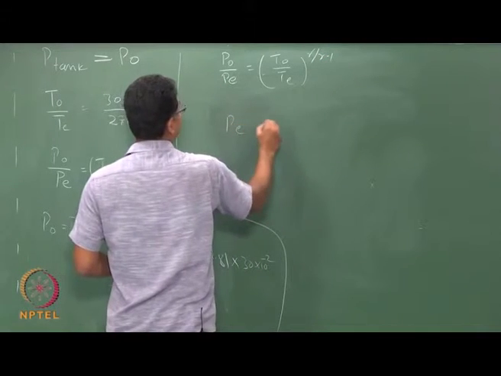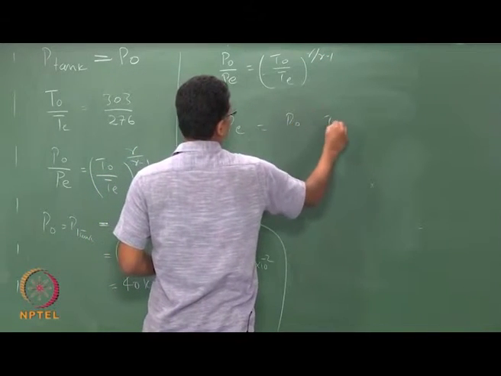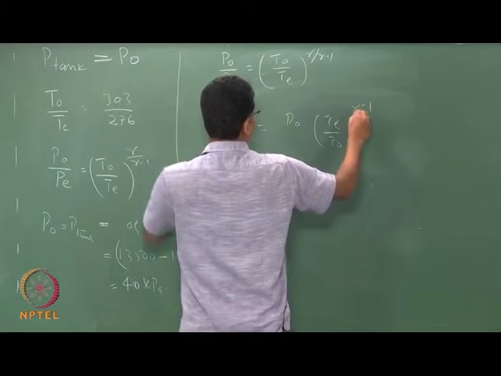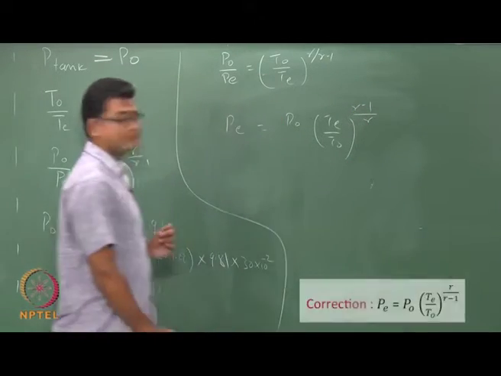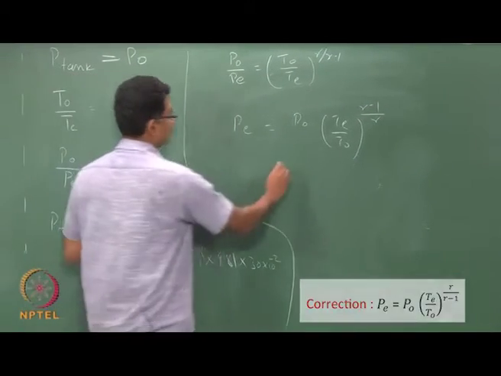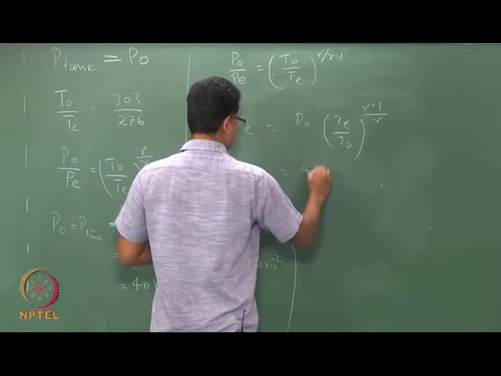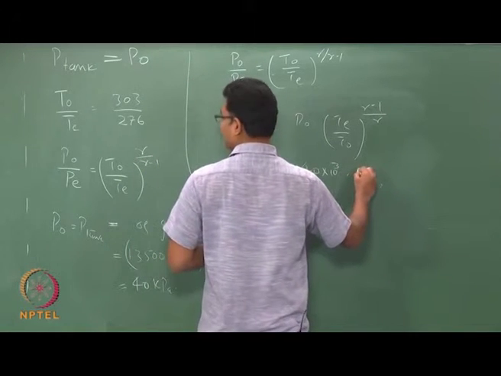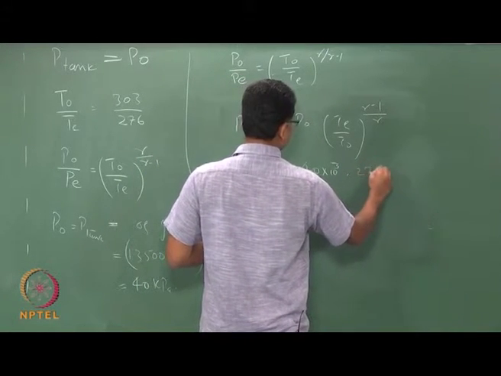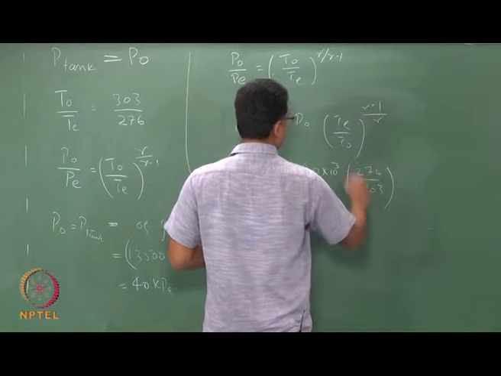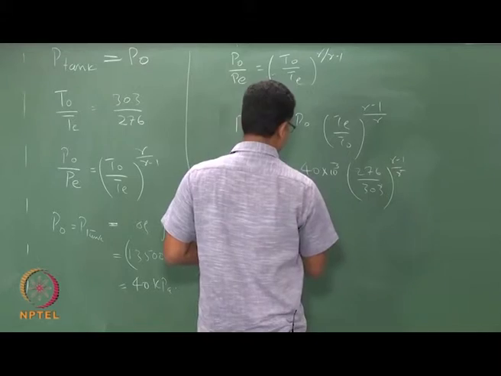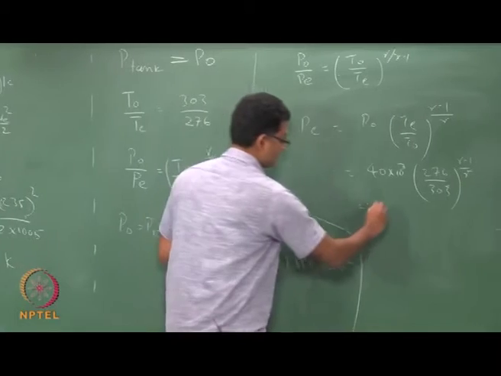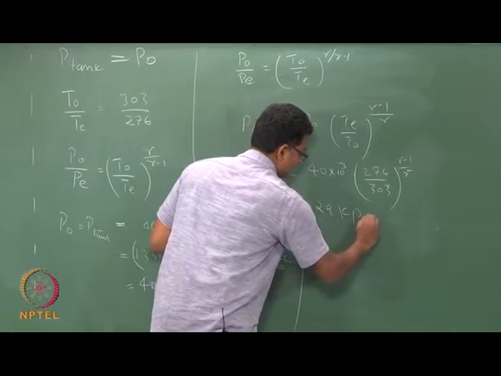So, your P exit is nothing but P0 into Te by T0 to the power gamma by gamma minus 1, which is 29 kilopascal.